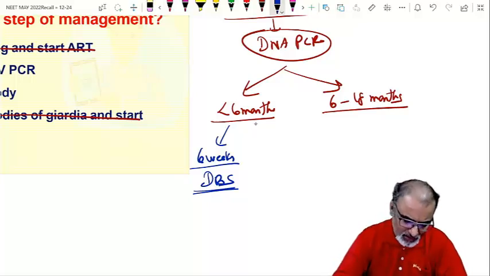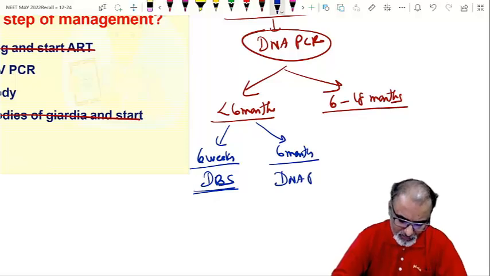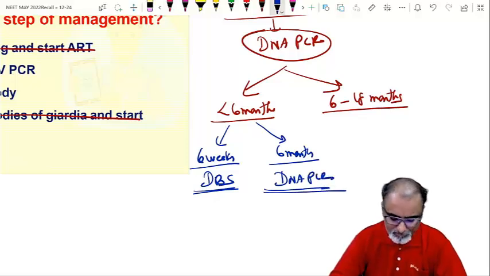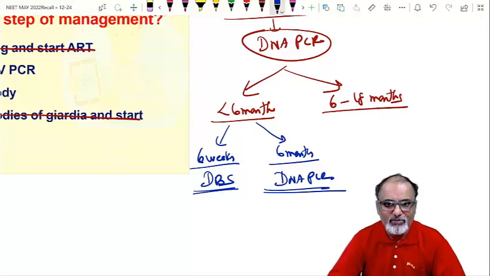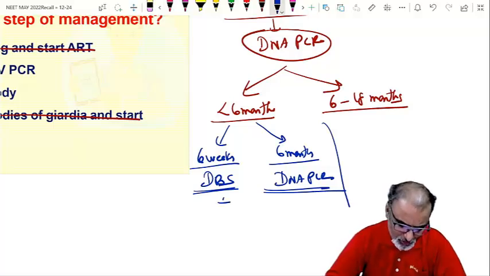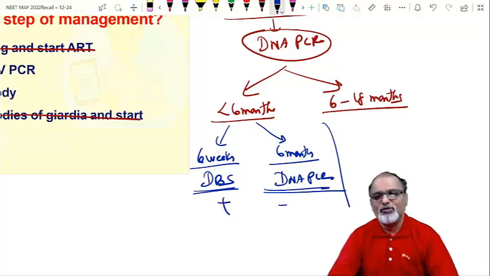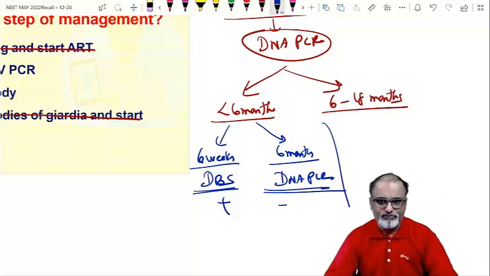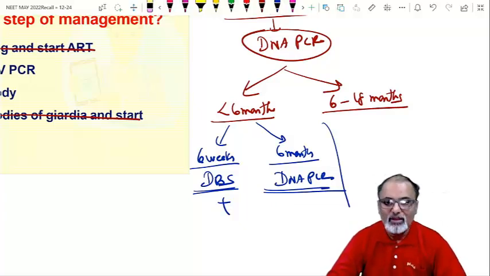Or don't worry, at the end of 6 months, do one more DNA PCR. Suppose it is positive, if it is negative, do one more. Whatever it may be, at the end of the 18th month, you should do an antibody test.